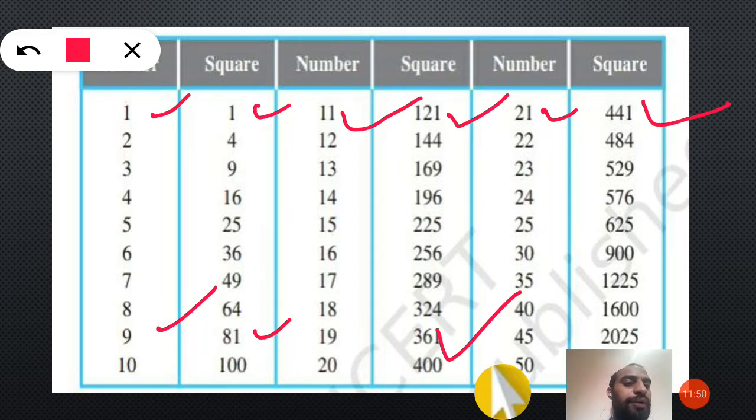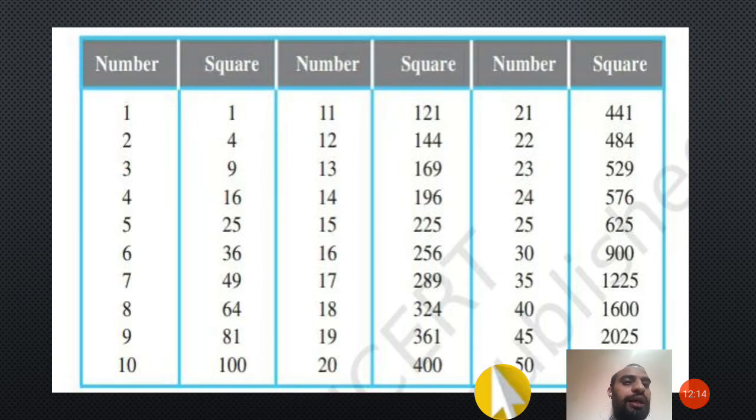So in this table, our work is to find any number whose square has 1 at the unit place. It may be 1, it may be 9, it may be 11, it may be 21, it may be 19. In all these numbers, after squaring we get 1 at the unit place. Let's look at some other examples.